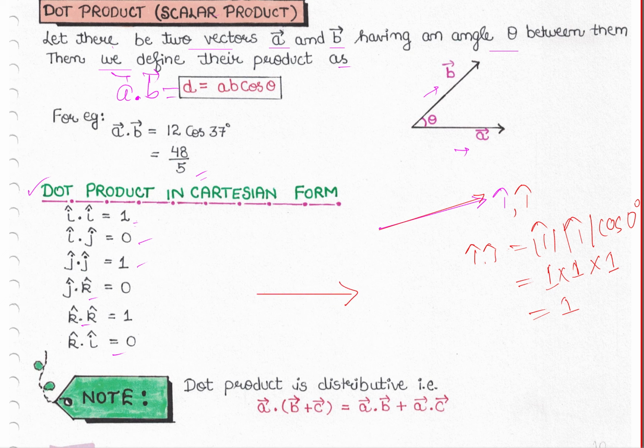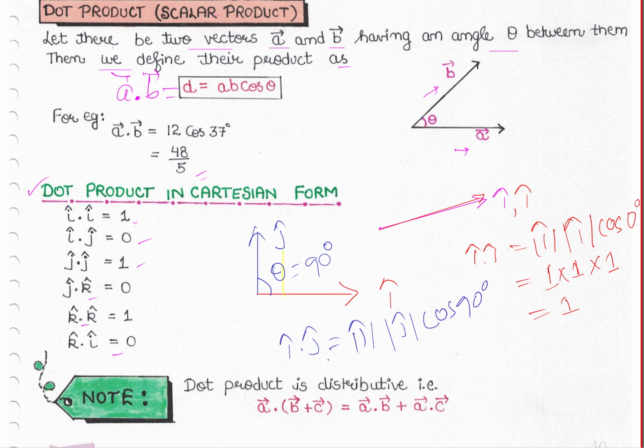If this is our I unit vector, and this is our j unit vector, we know the angle between them is 90 degree. So we can write I dot j is equal to I cap magnitude, j cap magnitude, and cos 90 degree.